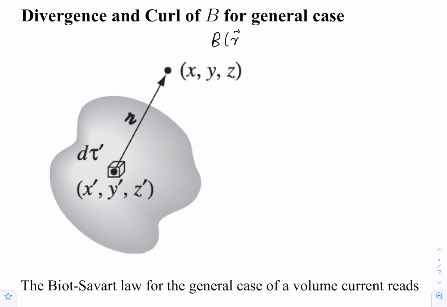This r vector is x, y, and z. So when we take the divergence and the curl of B, the del operator is always applied to this r vector instead of this r prime vector. This is something we need to pay attention to.